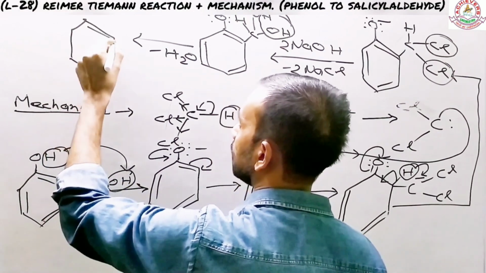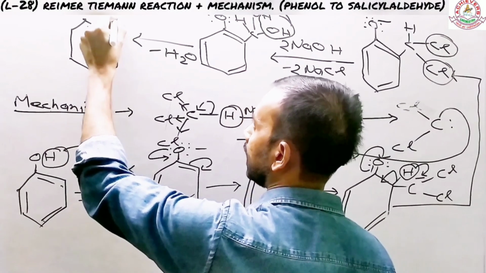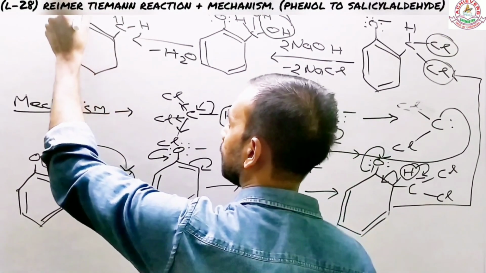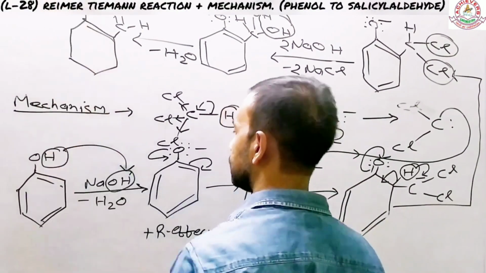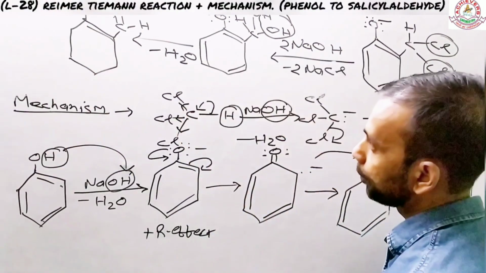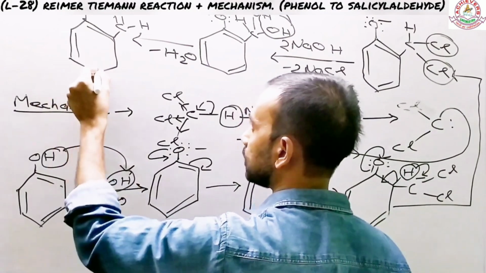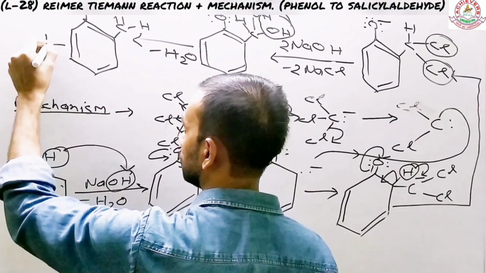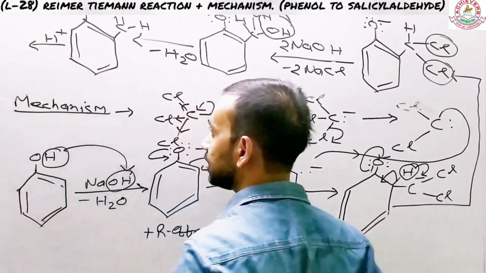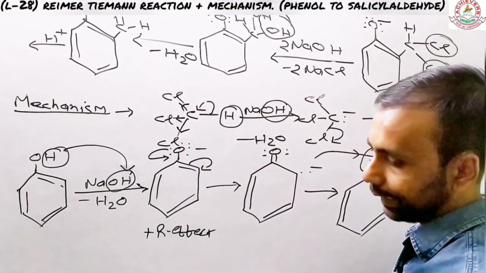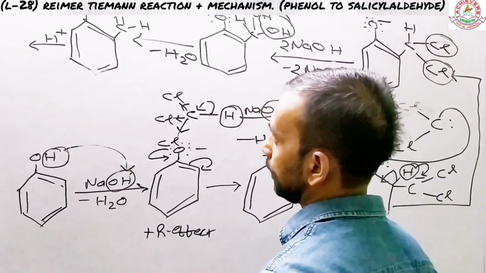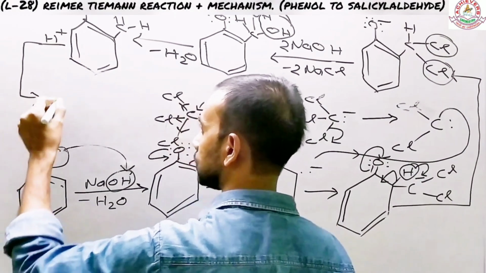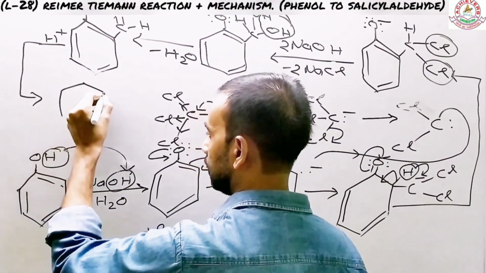which is C, and you have a double bond to O and H as well, and there you have your oxygen still with a negative charge. In the last step, what happened? I place the remaining 2 pi bonds here. In the last step, this undergoes acidification, and this acidification results in formation of the salicylaldehyde.